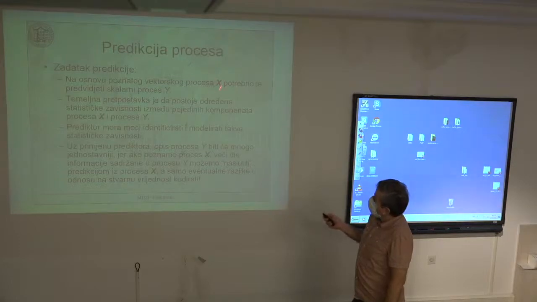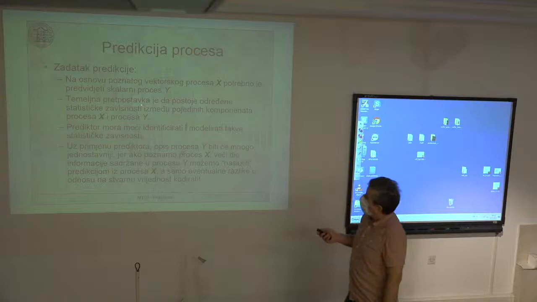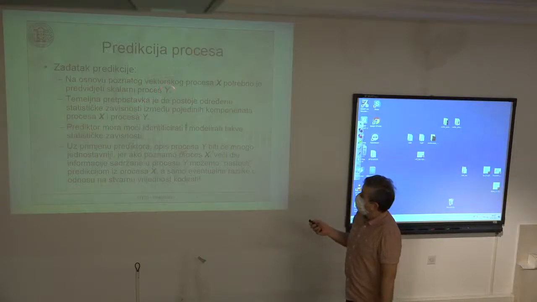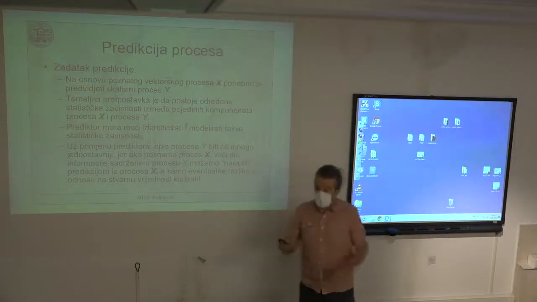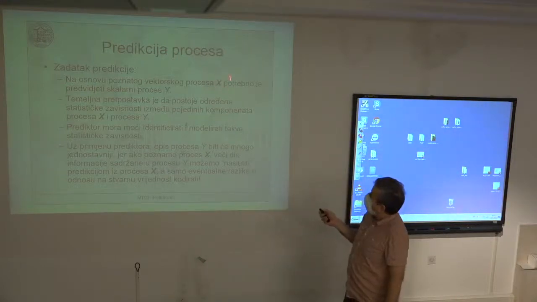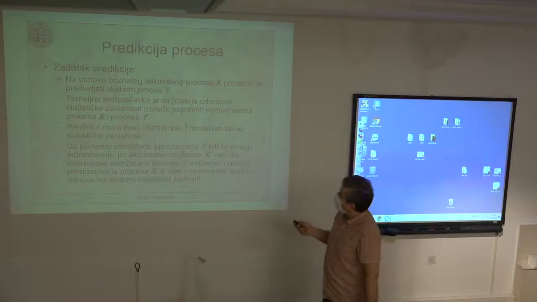So this is the source which I'm using to do the prediction, and the target is the process y. This source has several components, not only one. So it is not 1 to 1, but many to 1. I have many components of the source process, and using these components, I want to predict the value for the target process y.